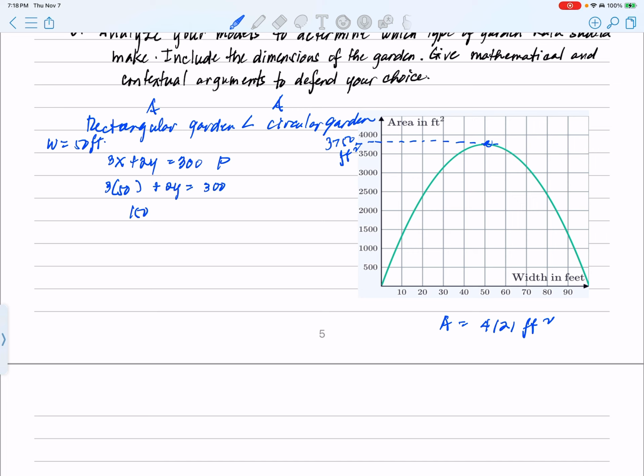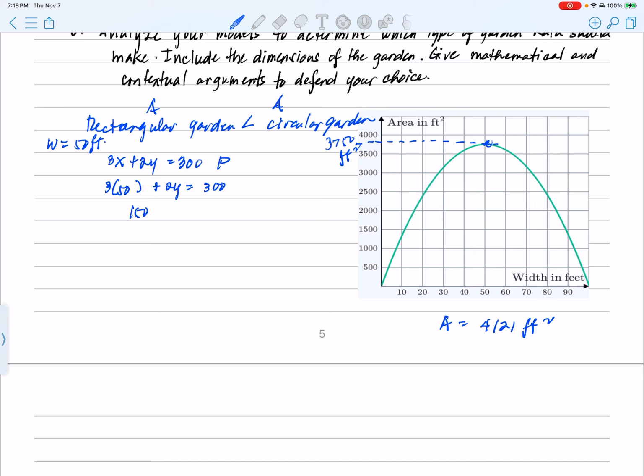So therefore, the dimensions of the rectangular garden would be 50 feet by 75 feet. This is the dimension.